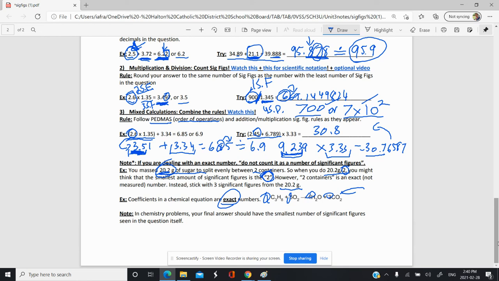So even if you're mixing problems together, you want to have the fewest number of sig figs as the measurement in the question specifically. So in that little blurb or scenario, that's what you want to have: fewest number of sig figs as seen in the question.